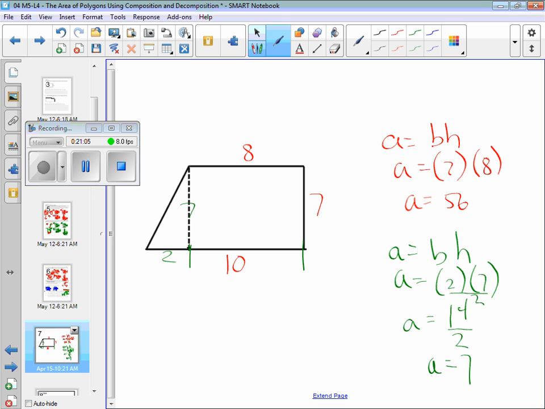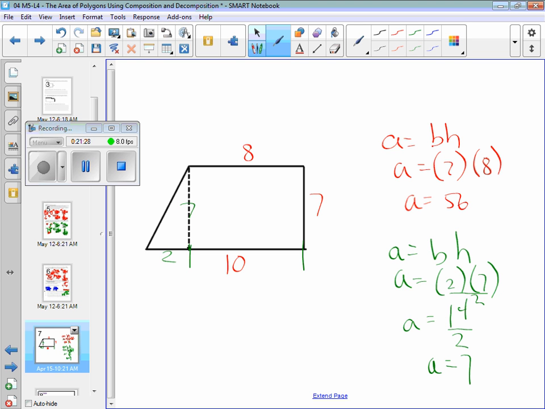They're testing 3 things: your knowledge of area and formulas, your knowledge of how to break up a compound shape, and your knowledge of multiplying and dividing decimals. A lot of multi-skills in these questions, okay? So that's the trapezoid.